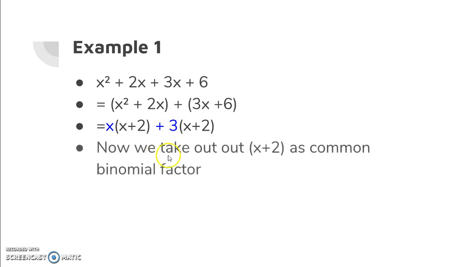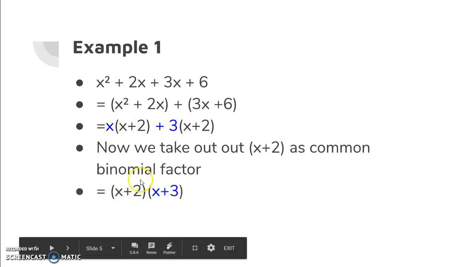Then we're going to take out the common binomial factor, which is x plus 2. Notice how there's x plus 2 in both of these terms. If I take out x plus 2, it's going to result in a product of these two binomials.